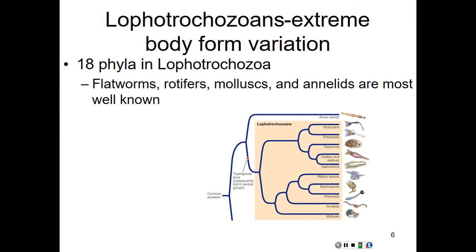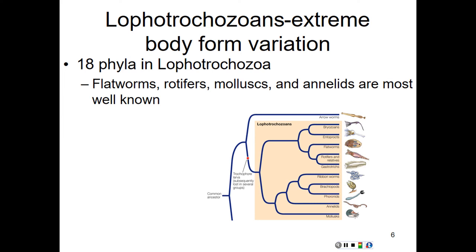A lophophore, which is either a circular or a U-shaped ring of ciliated tentacles that are typically around the mouth and used for feeding.